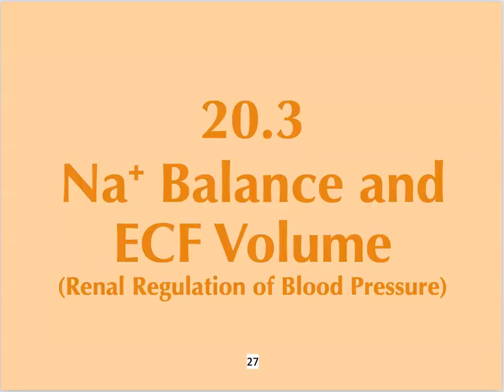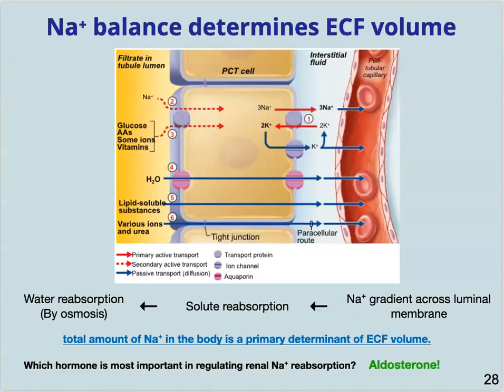We're moving on to talking about sodium balance in our body and how that allows for regulation of ECF volume. As we've already seen, water reabsorption in our kidneys is closely tied to the reabsorption of solutes. And the reabsorption of the solutes relies on the sodium gradient across the luminal membrane of those tubular cells.